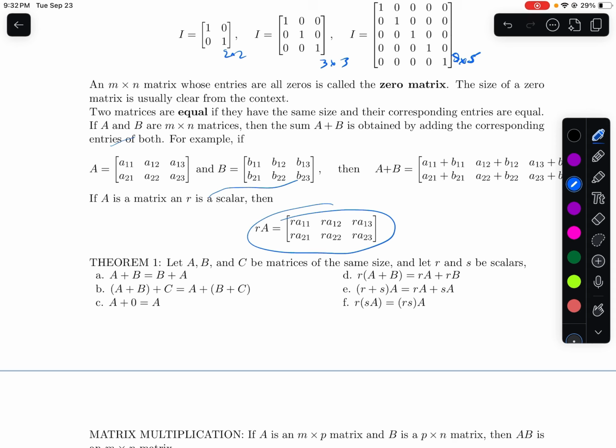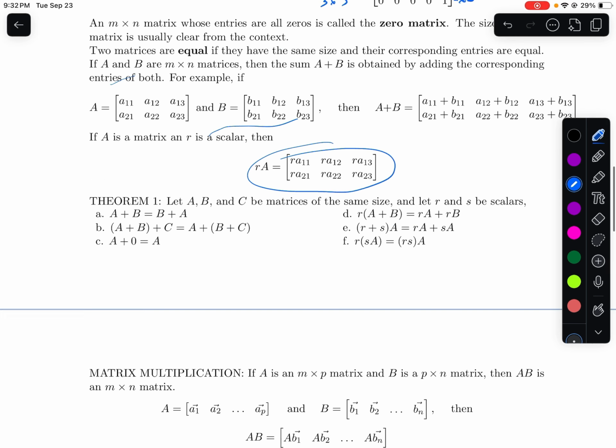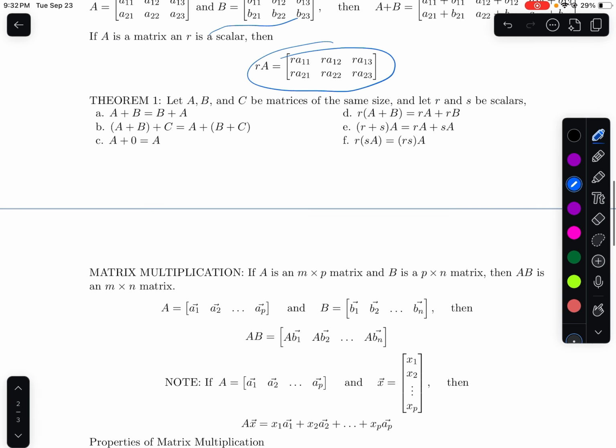Let's look at a theorem. Let A, B, and C be matrices of the same size, and let R and S be scalars. Then A plus B is equal to B plus A. If you recall, these are properties of matrix addition and scalar multiplication, and they look very similar to the properties of vectors that you saw in chapter 1.